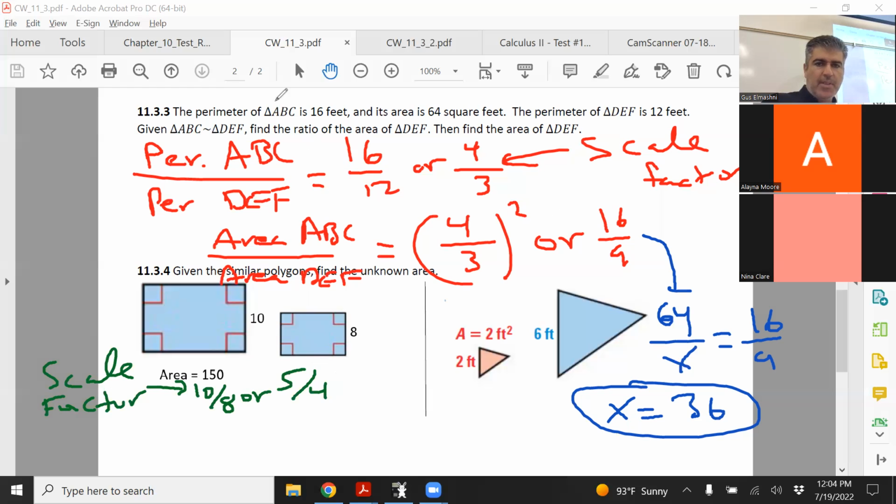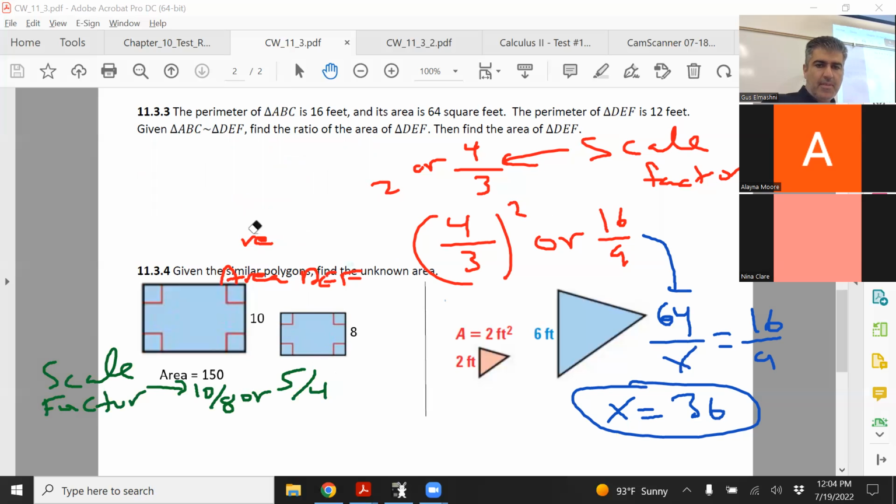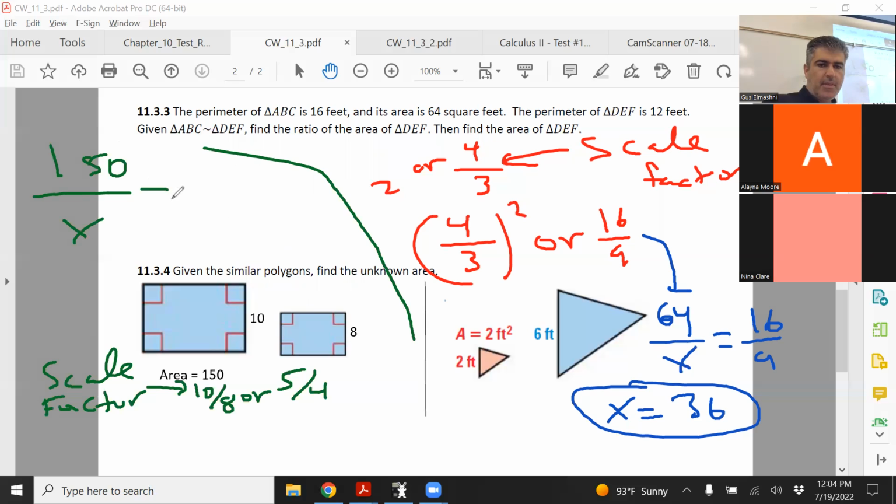Okay, I do need more space, so let me erase this stuff here. So you're going to say 150 over X equals 5/4 squared. You have to square the scale factor and deal with the area. Okay, let's square the scale factor.